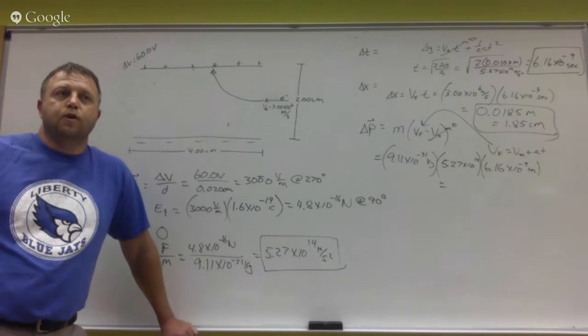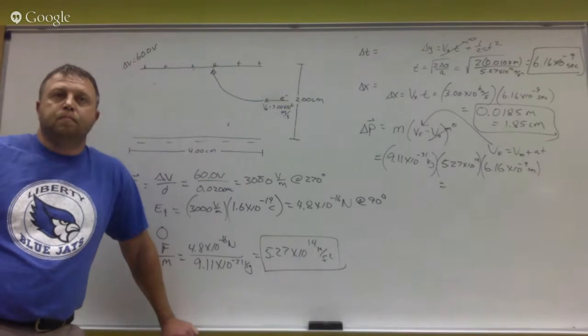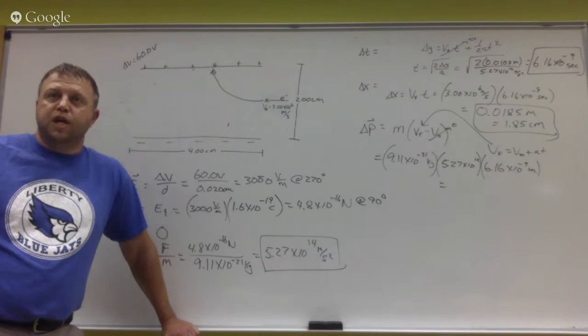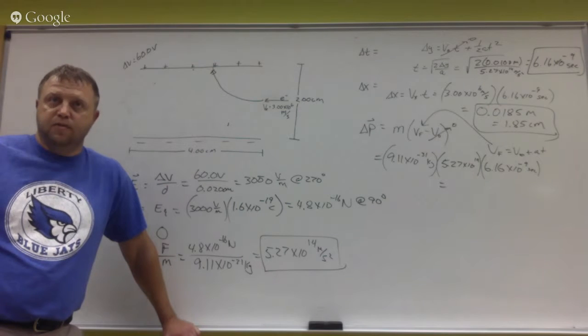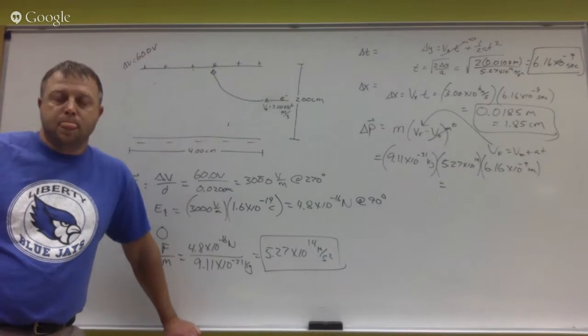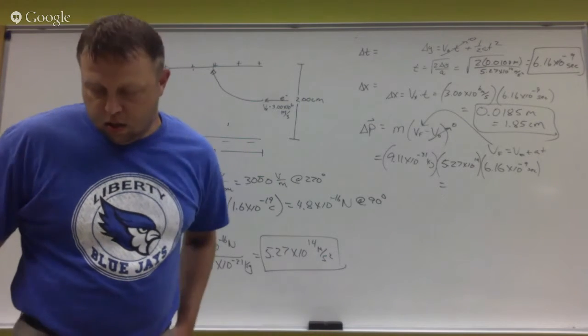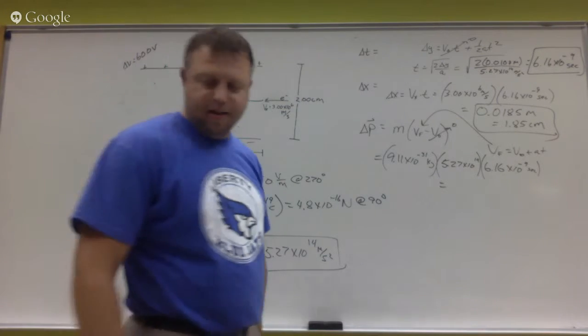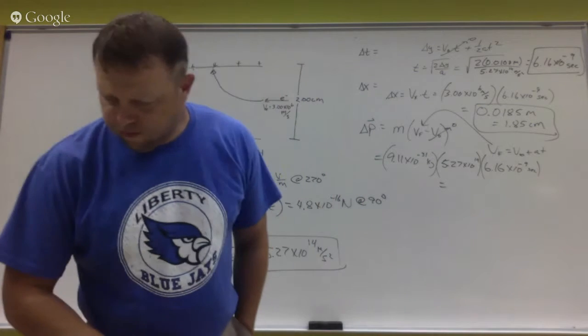Good there? Everyone understand what I did with that? Once again, momentum's mv, so change in momentum is m times v final minus v initial. And the v initial in the y direction is 0. Okay, 2.96 times 10 to the negative 24.